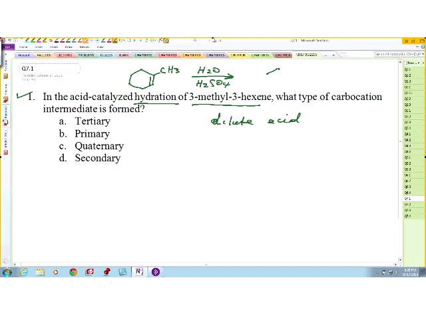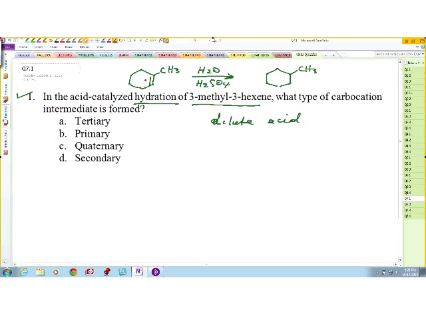Okay. So this reaction here will give us addition of the elements of water, which is hydrogen and OH, across the carbon-carbon double bond.